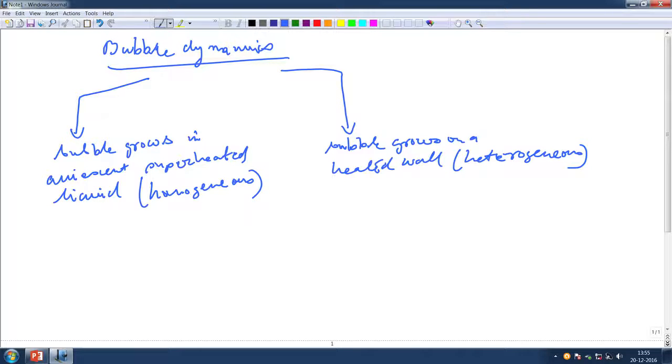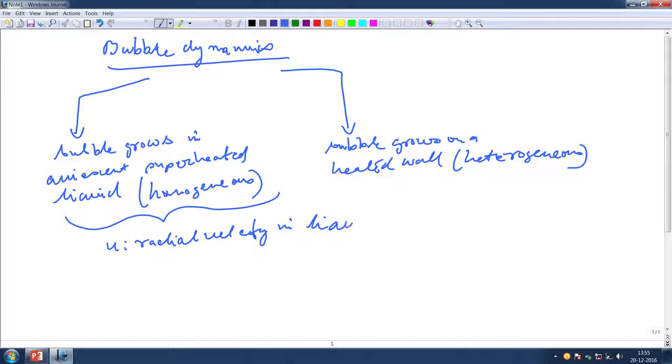Now, if you recall the equation of continuity, we are going to study this first. u, we already know, was the radial velocity in the liquid phase.